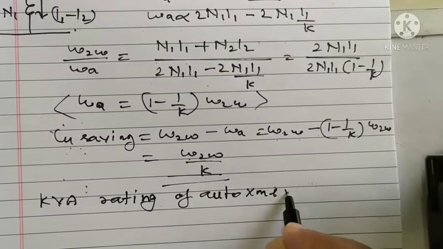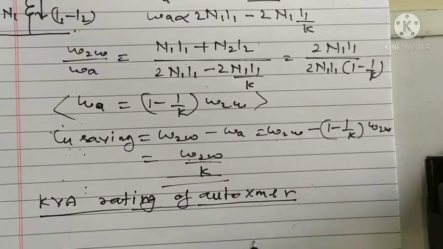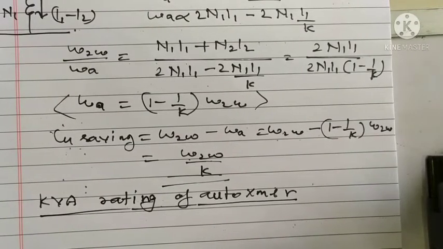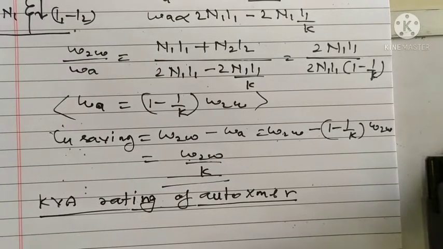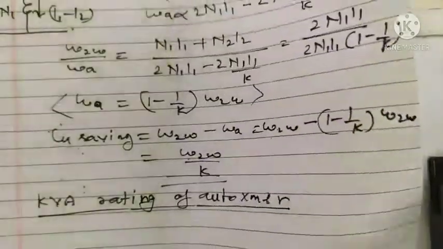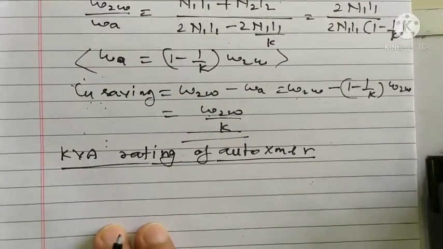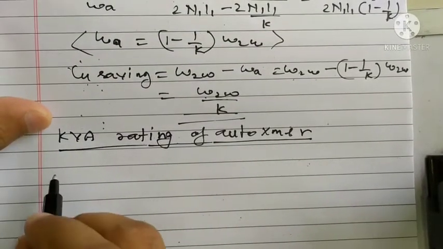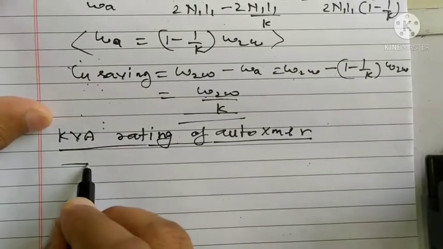For this I will use the copper of autotransformer to design a two winding transformer, and we'll see whether the rating is changing or not. So let me take any one autotransformer, say step up or step down.